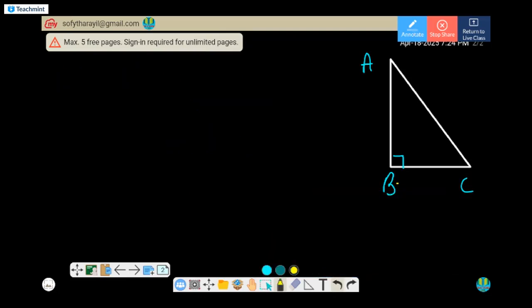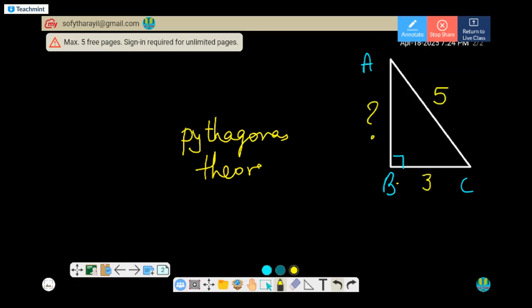Okay. Now, only as homework, you can take this down. You all know Pythagoras theorem? Yes or no? Suppose I give you a right angle triangle and I give you the hypotenuse as 4 and the base as 3. Will you be able to find AB by using Pythagoras? Yes, you'll be able to find that AB. Okay.